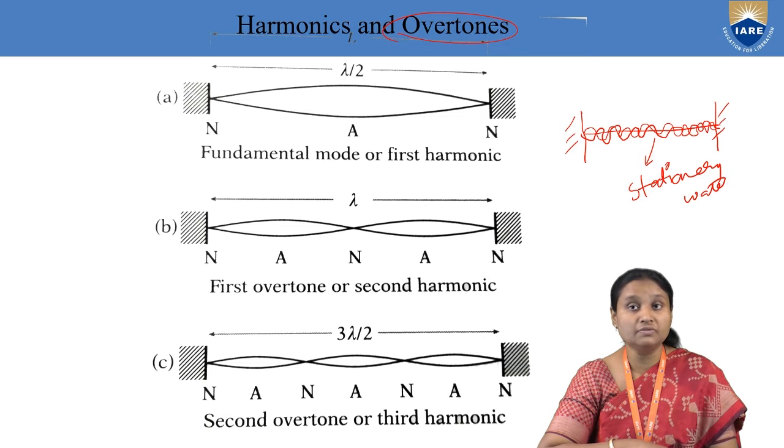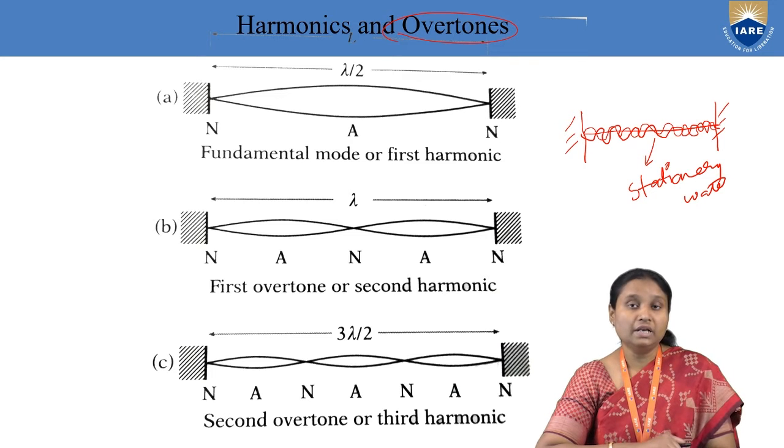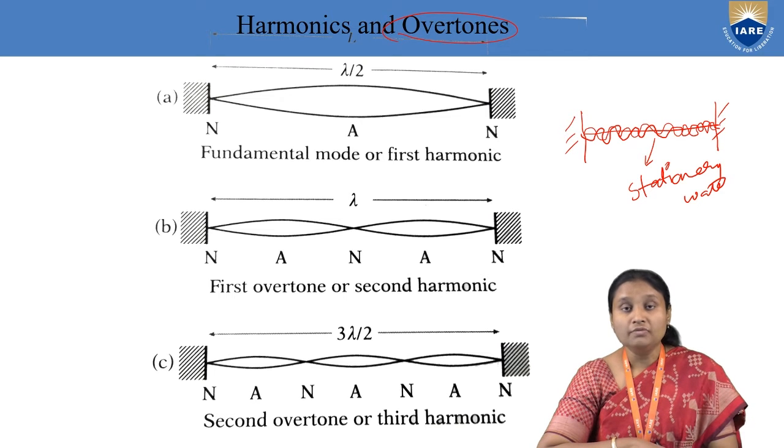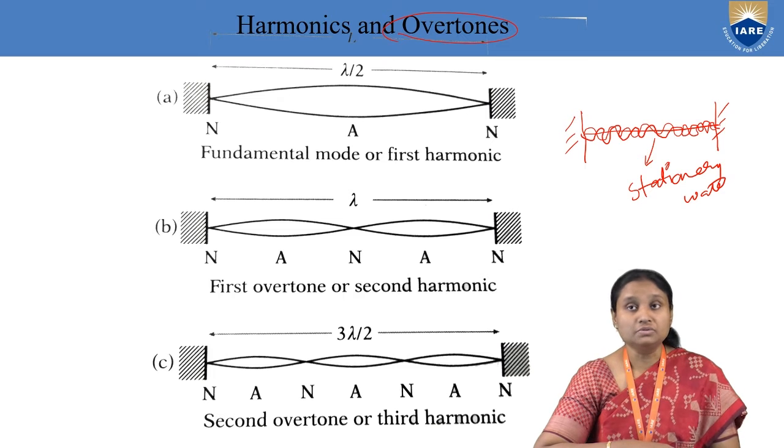So what are those stationary waves? They are where you will have formation of nodes and antinodes. Now based on the number of nodes and antinodes formed, or based on how many loops are formed, we are going to define how the frequency of vibration of the string is going to change.